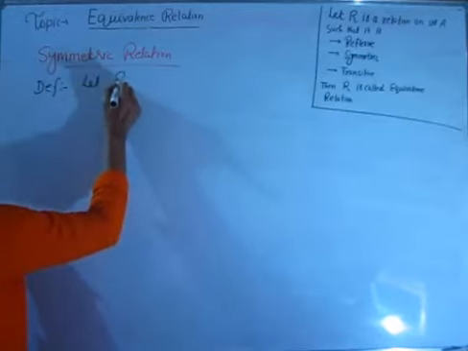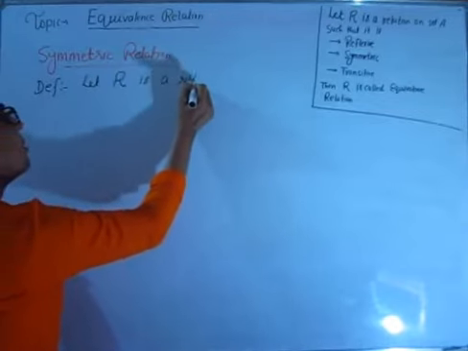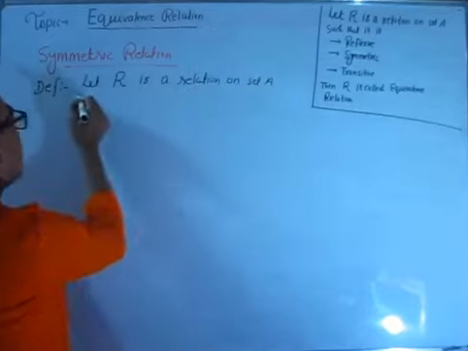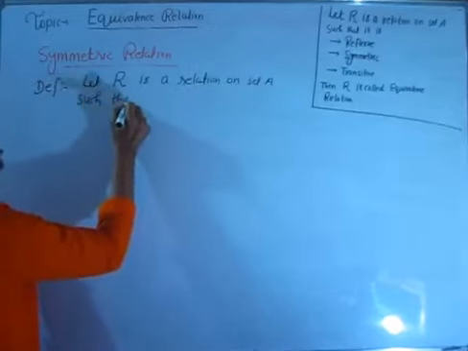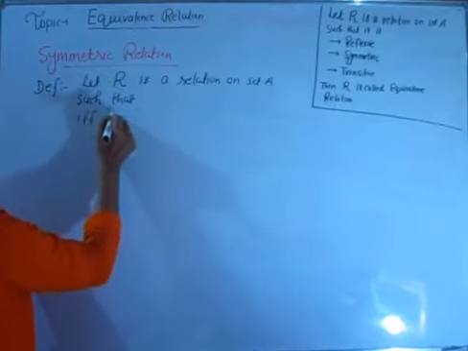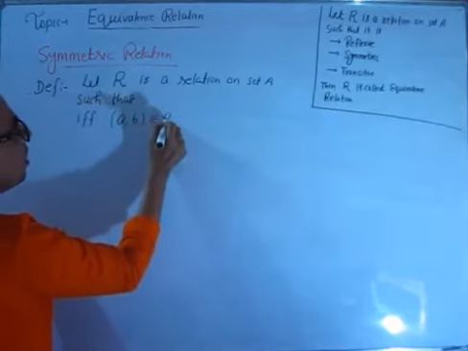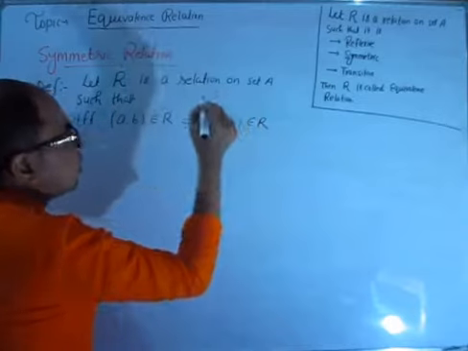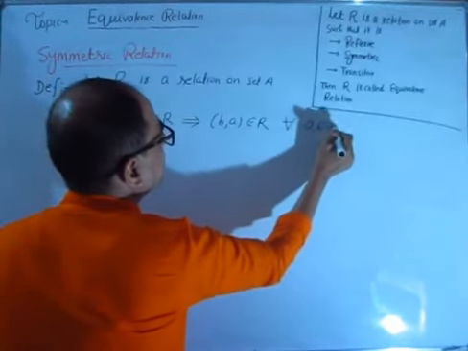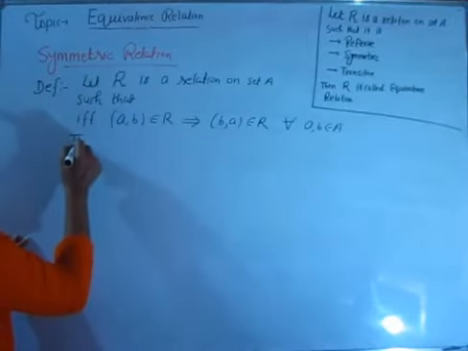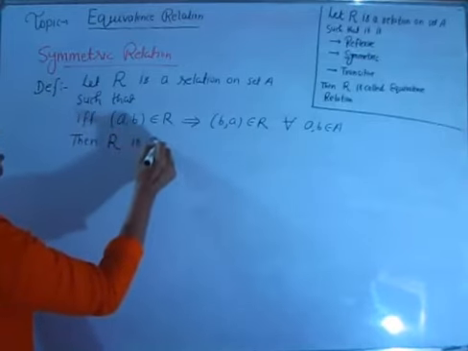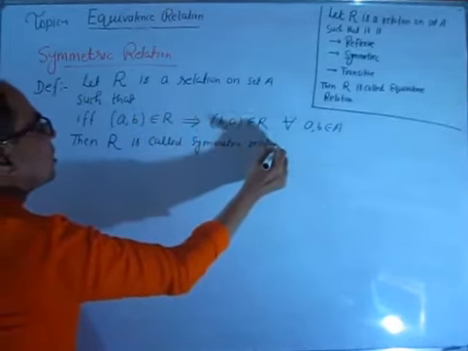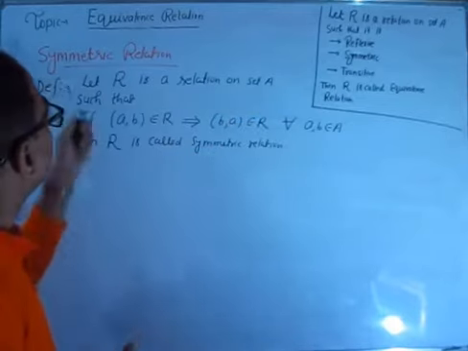Let R be a relation on set A such that if (a, b) belongs to R, then this implies (b, a) also belongs to R, for all a, b belonging to set A. Then R is called a symmetric relation. So this is the mathematical definition of symmetric relation.